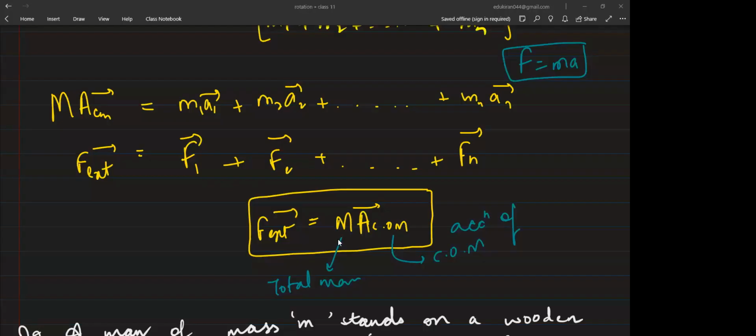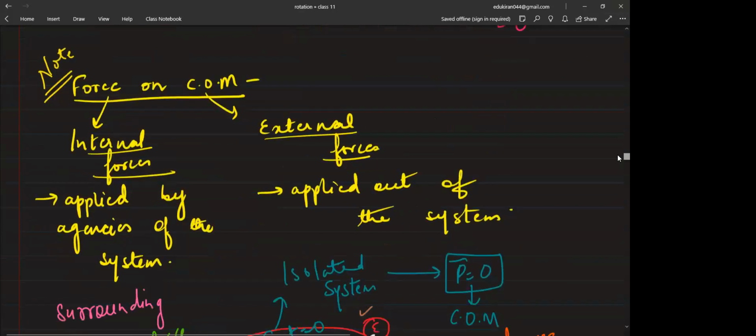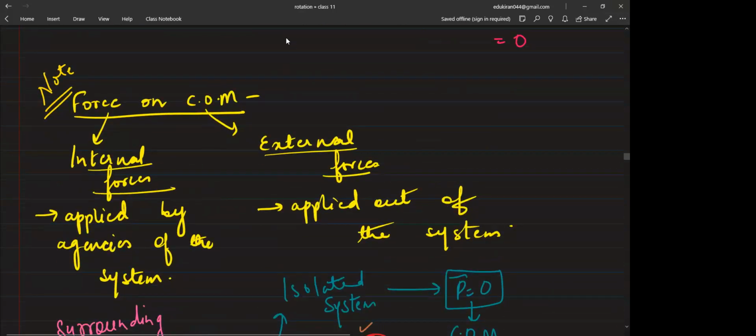You calculate the total force of the system by multiplying the total mass into the acceleration of center of mass. This way you will have the force also. Write down all these things, make a note point and write it.